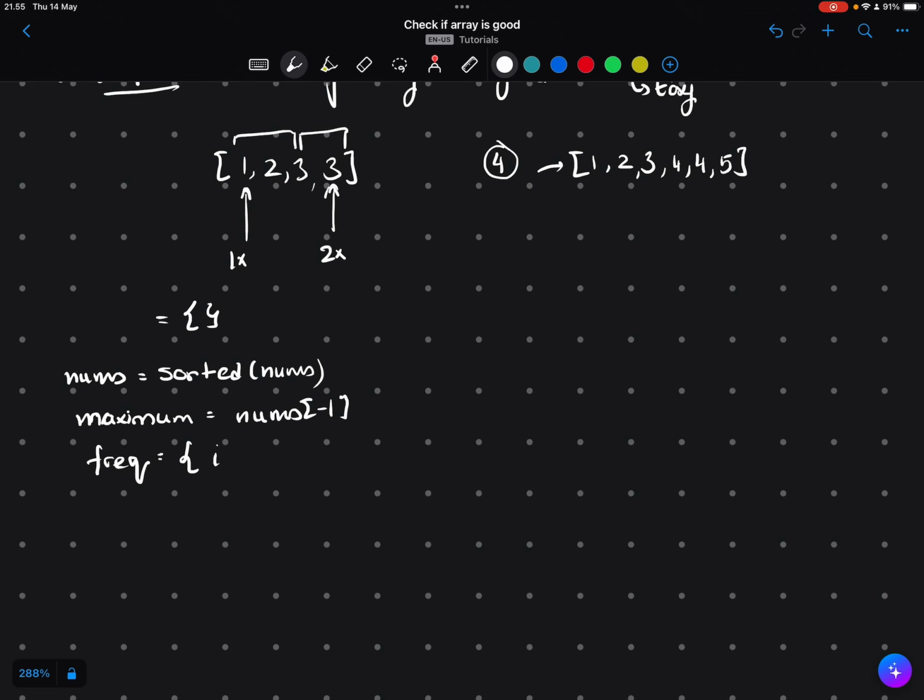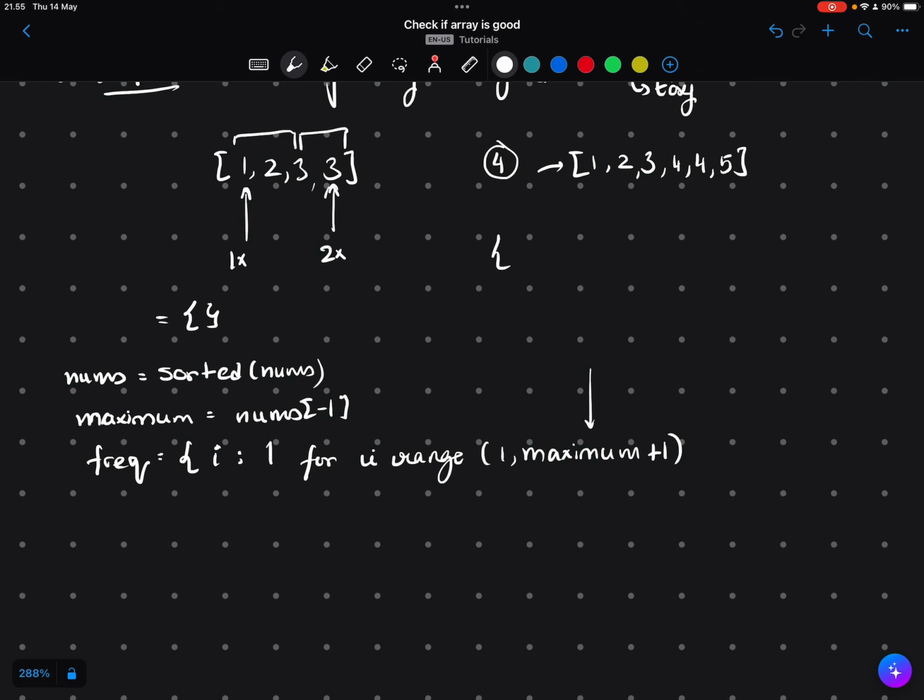What we can do first is initialize it to 1 for num in nums, or for i in range 1 through maximum plus 1, right? We want to include the maximum as well.